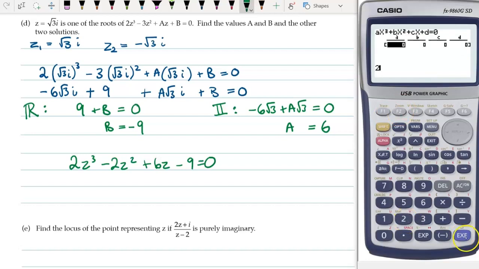We've got a 2, minus 2, a 6, minus 9, and solve that, and we have our 3 solutions listed here, which has just given me pause because that's not right.